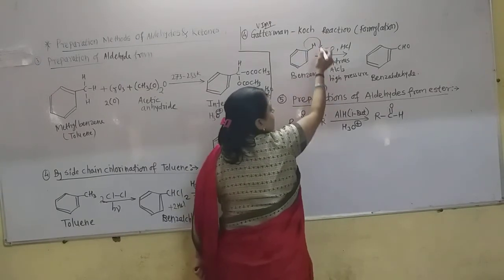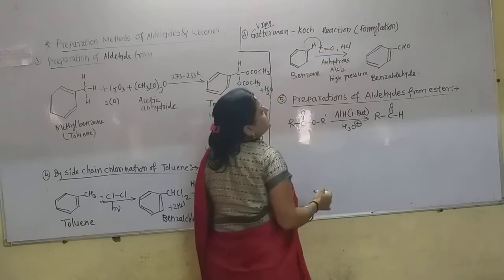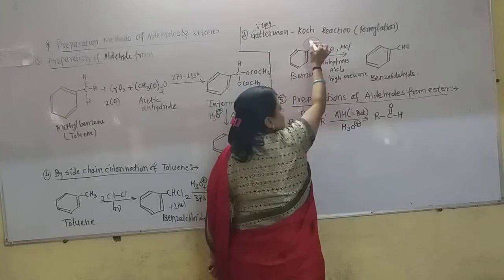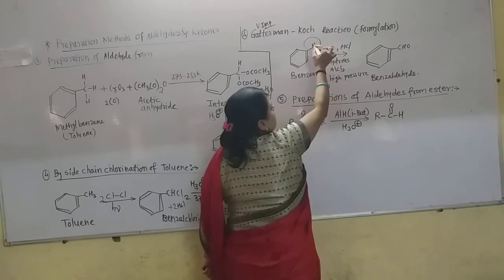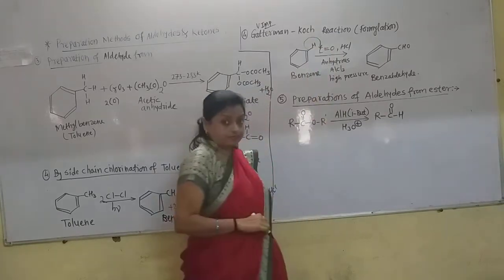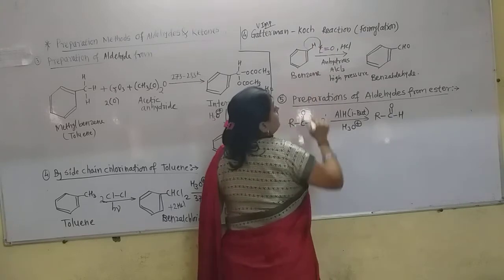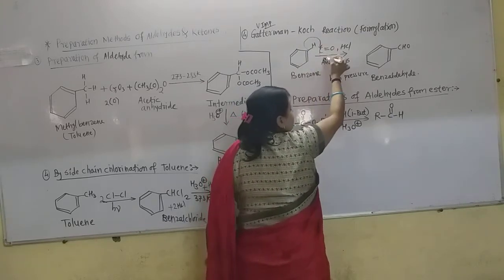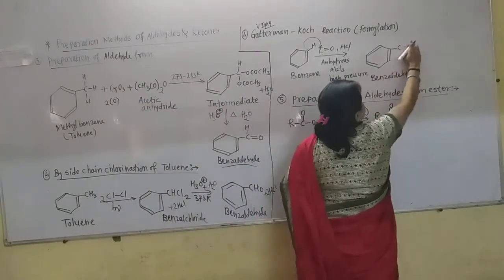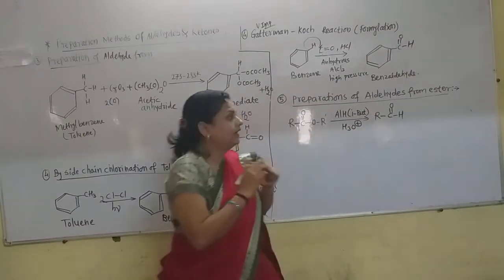This bond of the ring attacks this carbon, and at the same time the H plus ion is released, because this bond gets detached and attacks this carbon. Then the H minus reacts with this carbon, and there is formation of C double bond OH, that is, the aldehyde group gets attached.